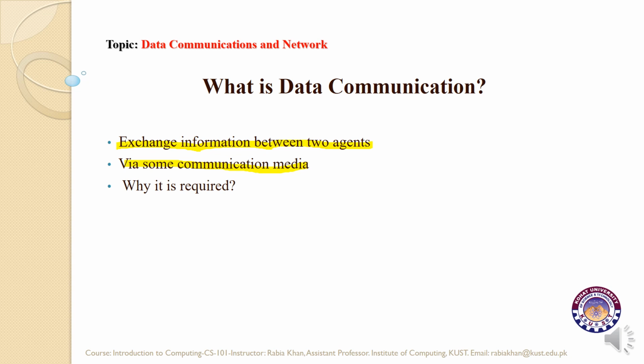The connection required between these communicating computers, in order to make possible the data communication, is generally a physical connection in the form of either a cable media or some wireless media. Now, the question is, why is data communication required?